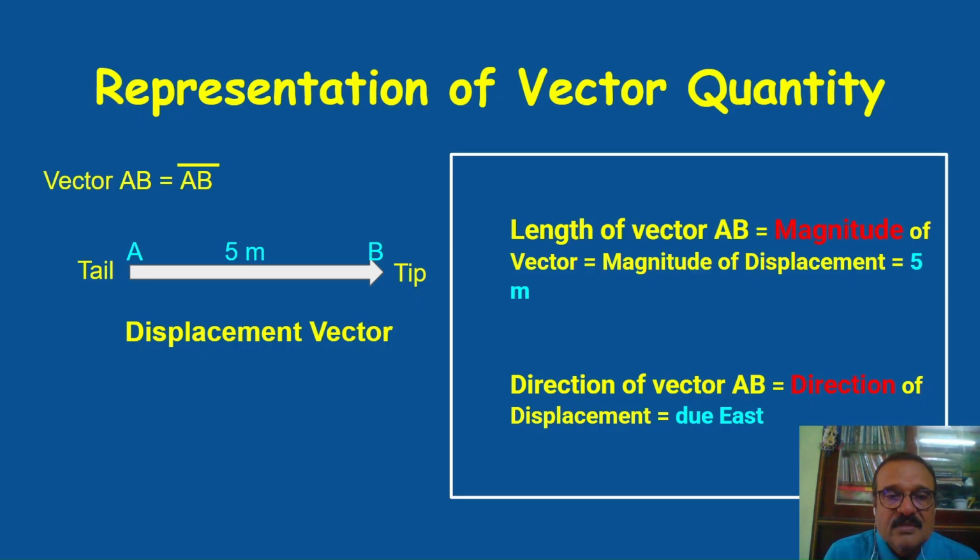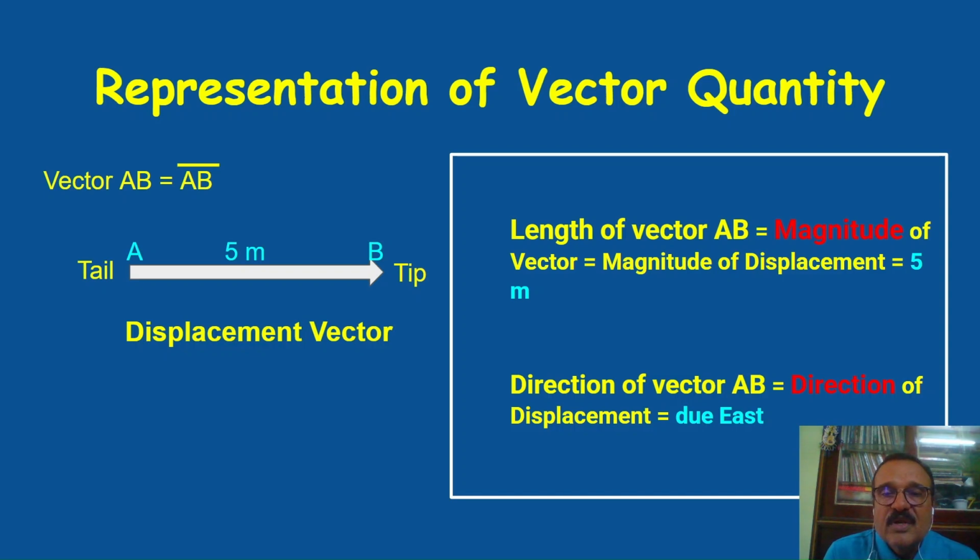This tip indicates direction of displacement. The length of the arrow is 5 meter. This is displacement vector, that is vector AB, also noted as AB bar.